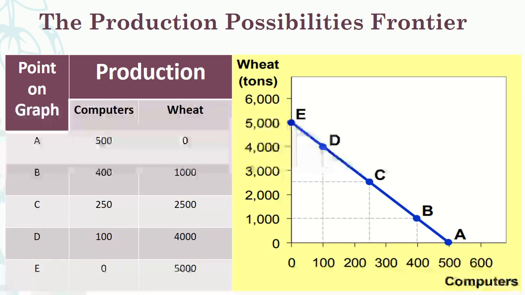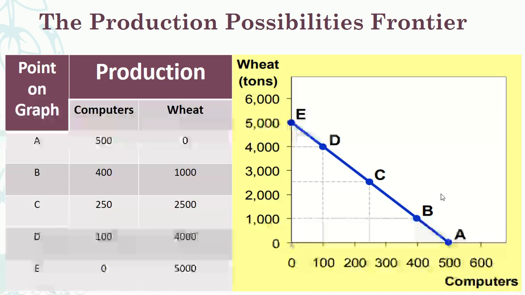If you plot these combinations on the graph, then you will see that point A is where we are producing 500 computers and 0 tons of wheat.